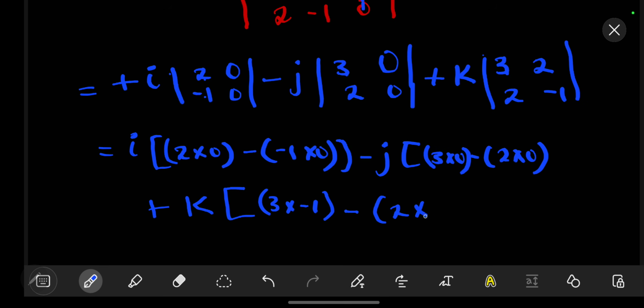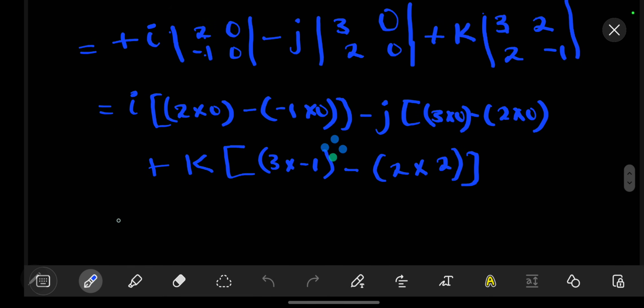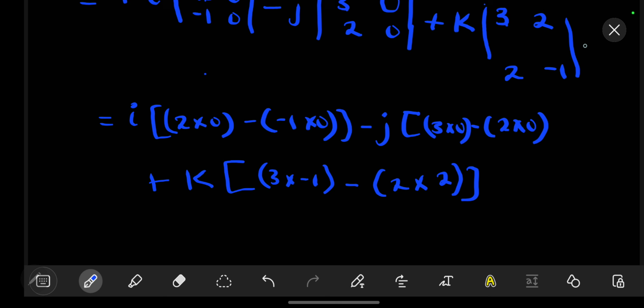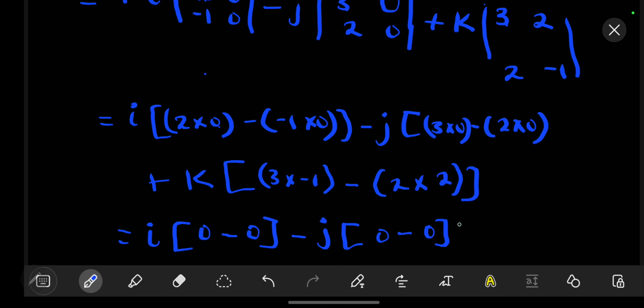So we have 2 times 2, like that. So we are going to have our i. Then to reduce things, 2 times 0 is 0, minus negative 1 times 0 is still 0. We close this. We have minus j, then 3 times 0 will give you 0, 2 times 0 is still 0, then we are going to have plus k.